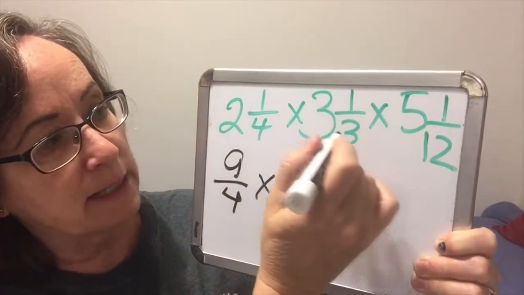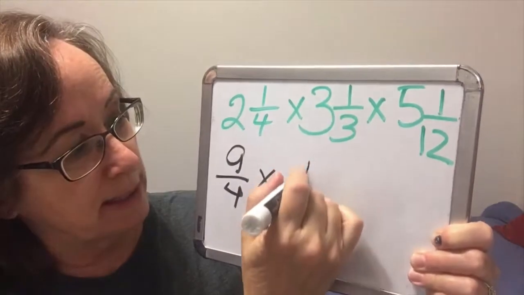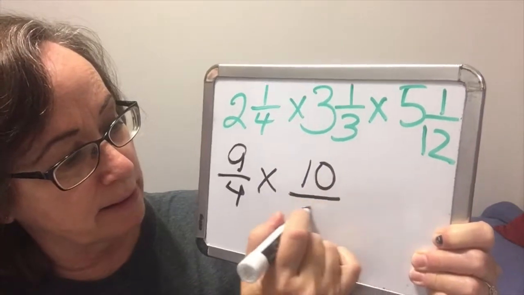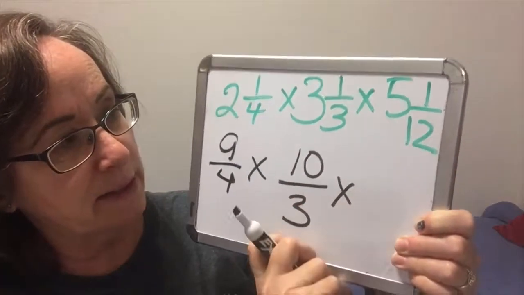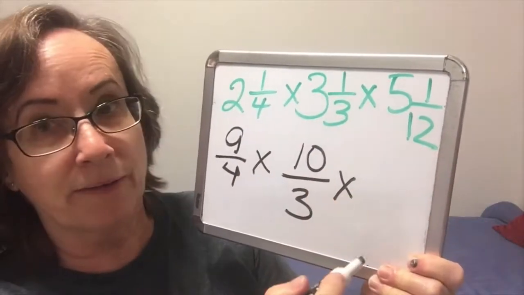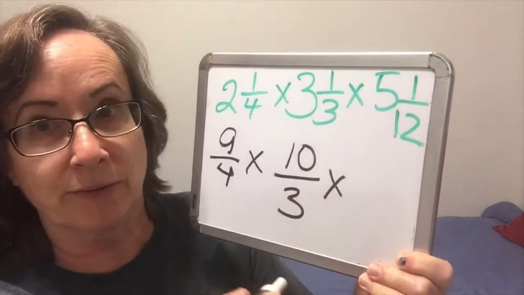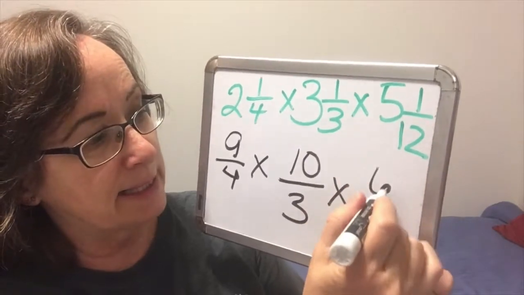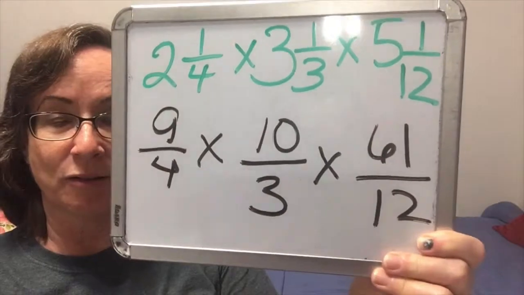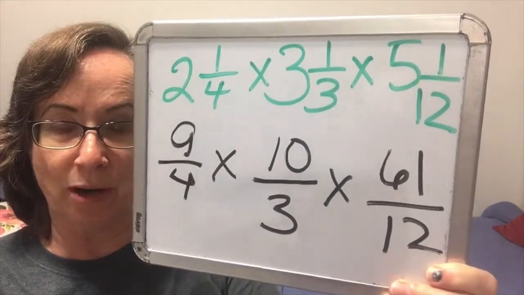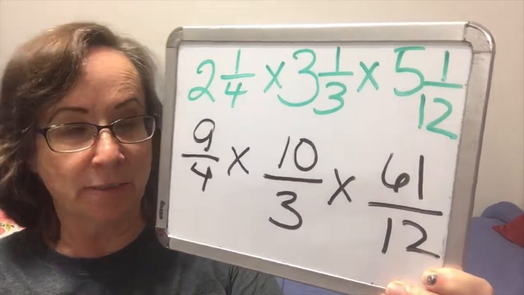Times 3 times 3 is 9 plus 1 is 10. 10 thirds is the same as 3 and 1/3. Times 5 and 1/12, which is the same as 5 times 12 is 60 plus 1 is 61 twelfths. Now we have everything in improper form and we're ready to multiply.